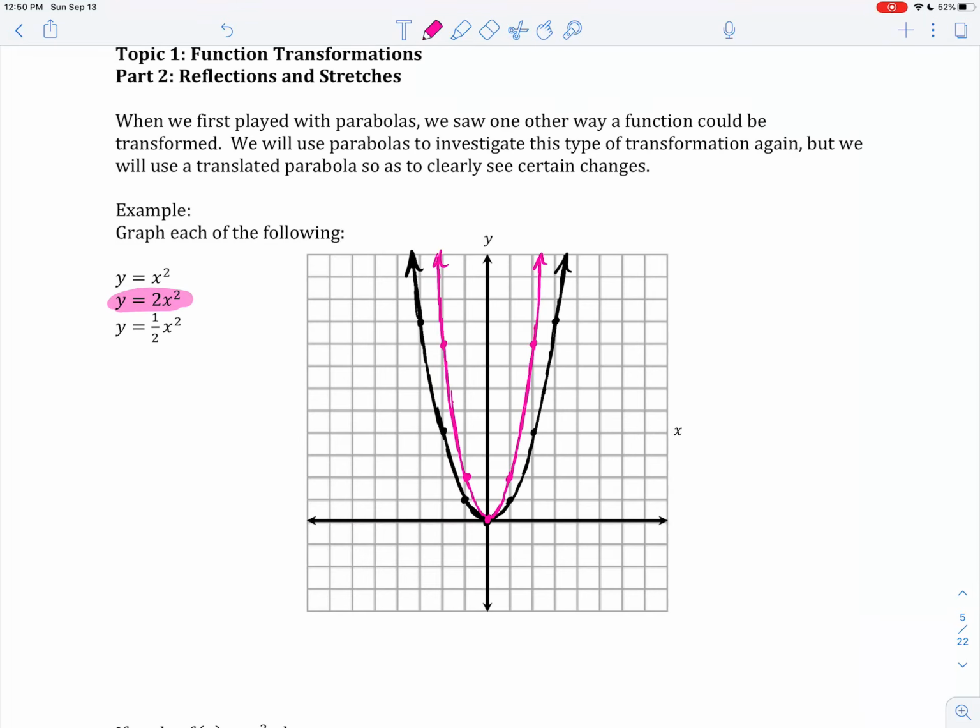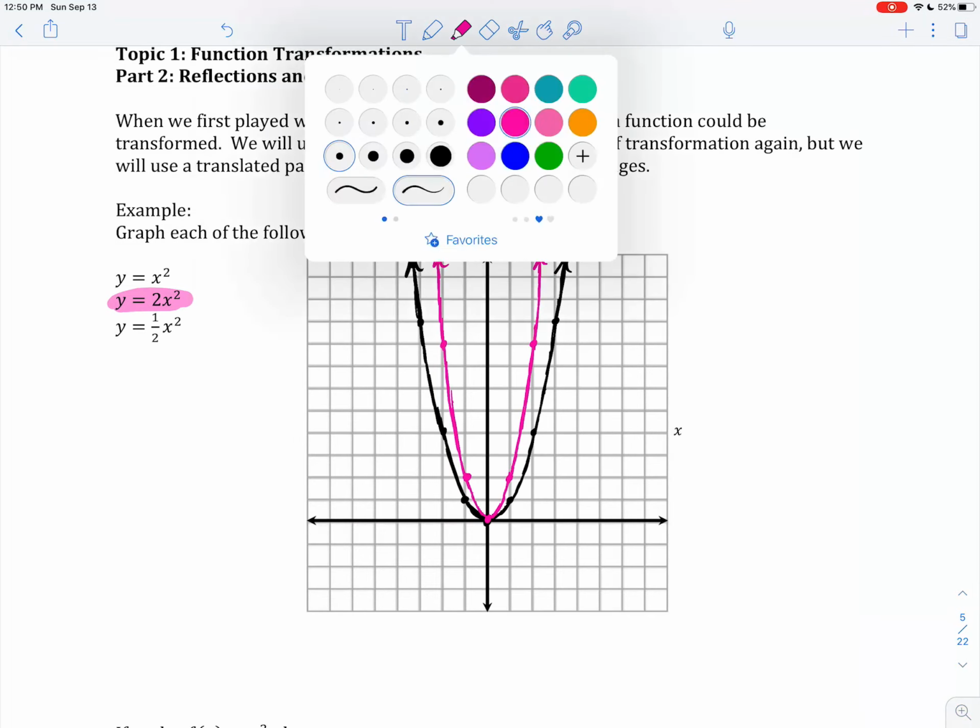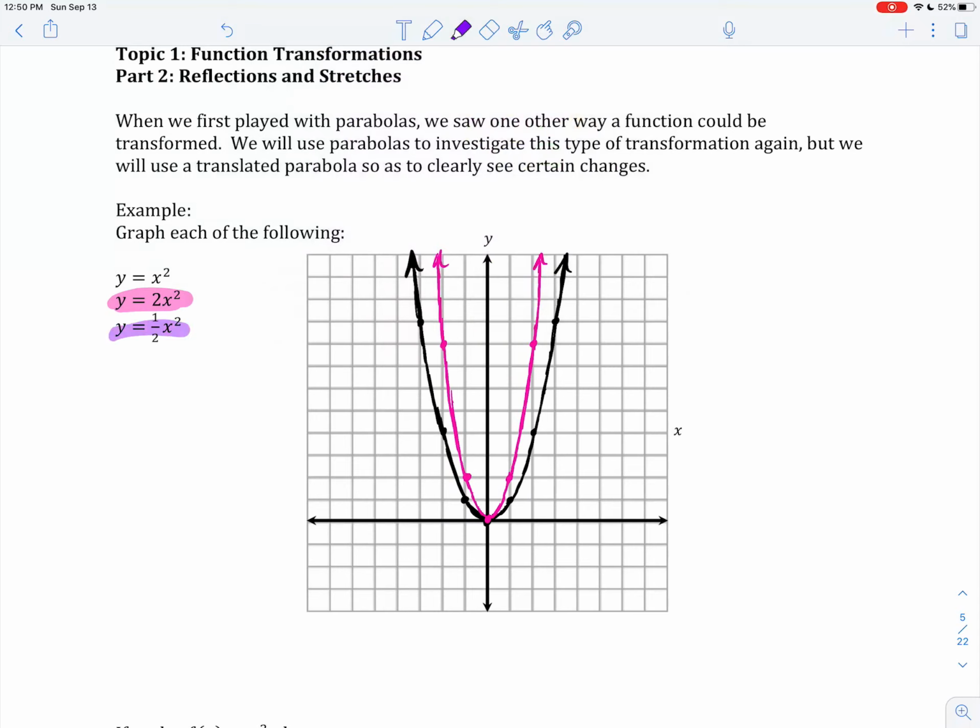Let's get ourselves a purple parabola too. I'll make that one purple. And for half of x squared, that means I'm taking all these and halving them. 9 turns into 4.5 there. I will have to label my scale at some point.